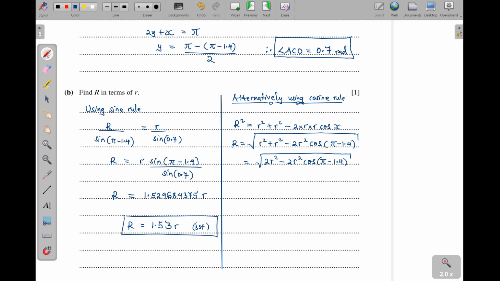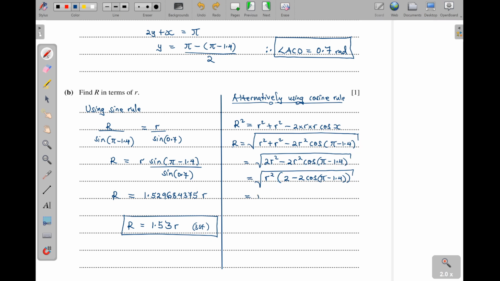Now from here r squared is common, so I can factorize it. That means here I will have 2 minus 2 cosine of pi minus 1.4, then the square root. You see that? Now when I take the square root, I'll get the square root of this times the square root of that.